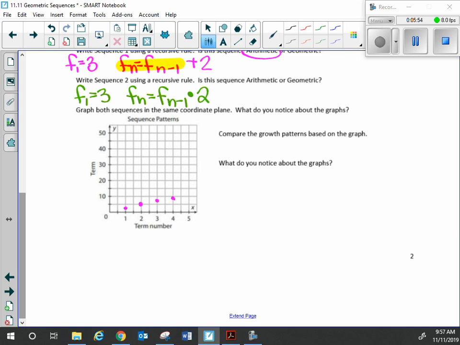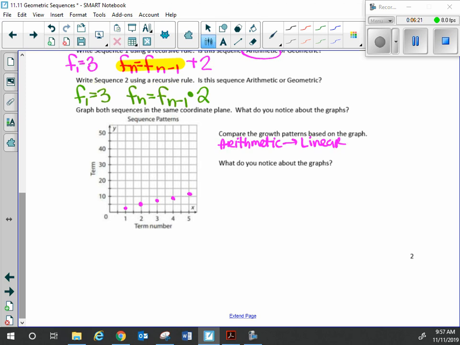And my fifth term? 11. What kind of pattern does that make on my graph? It's linear. So my arithmetic sequence is linear.